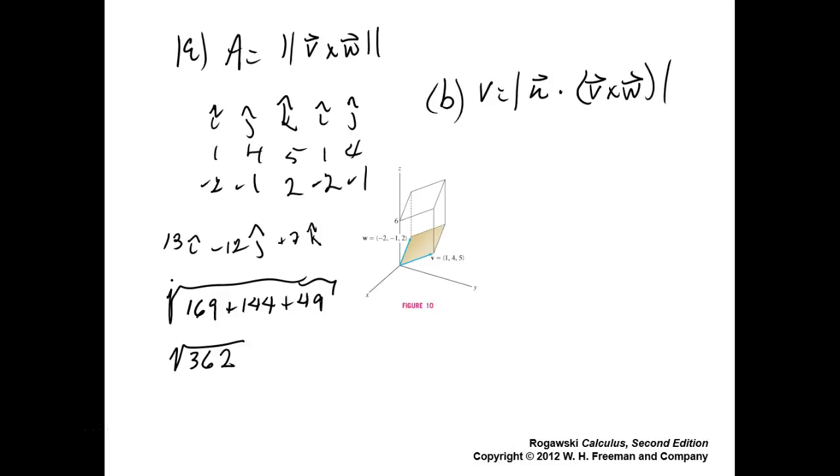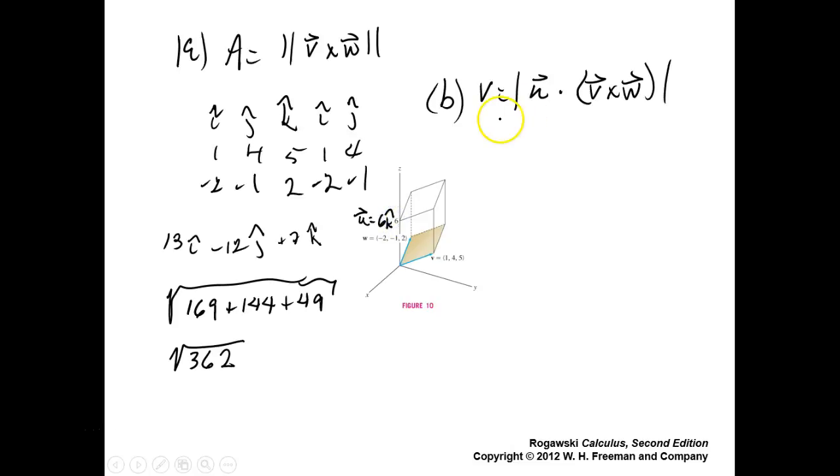Our U vector, did they give us a U vector? Oh, I see. It's right there. I was thinking it was off, but there it is. That's just 6K. So the U vector is 6K.